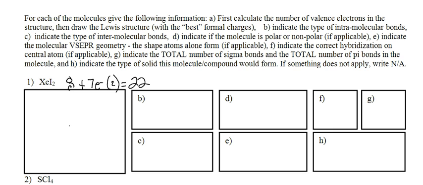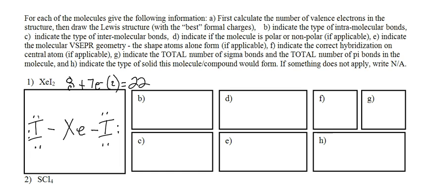So we'll place xenon in the middle, and then iodine on the sides here, and wherever you want to put it is just fine. Keeping formal charges in mind, we want to make sure that the external atoms, which happen to be iodine, are group 7A, so they'll have a single bond to have a formal charge of 0. Then we'll put the remaining electrons on the iodine.